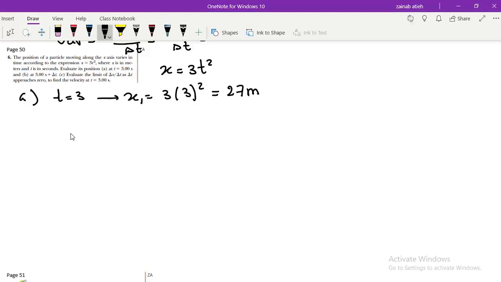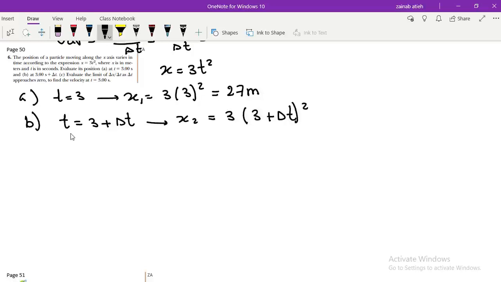In part B, it says we have to find the position at a different time, which is t equals 3 plus delta t. We found the position at 3, and now we want it at 3 plus a little bit. So the new position x2 is equal to, substituting in the equation, 3 into (3 plus delta t) squared.